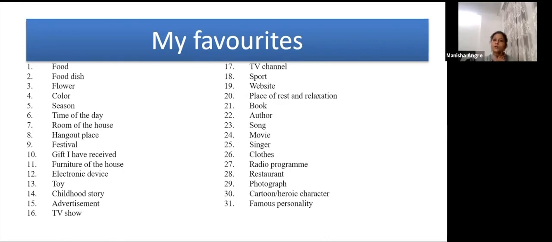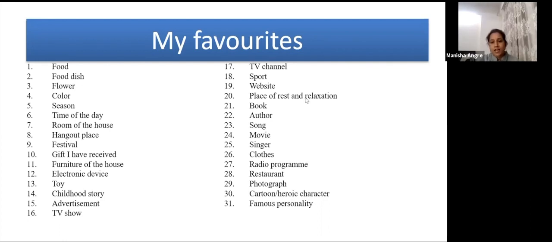They can ask you about a water sport that you would like to enjoy. They can also ask you about a website that you visit the most. In your case, it might be some educational website, a college website or your university website that you might be visiting.